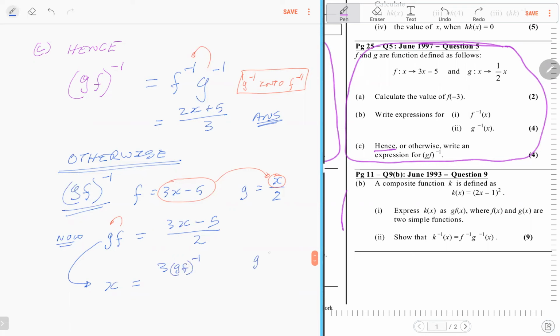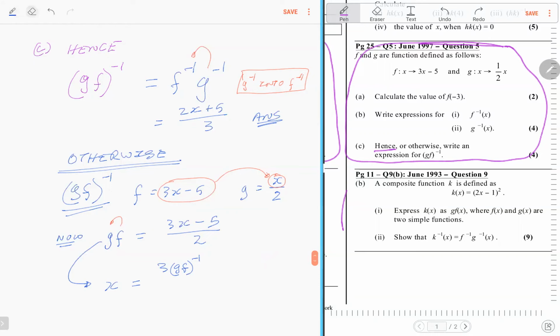You can't write this one the same as the other, they are different. This one means g of f to the minus 1, a different thing. This means the inverse of the composite function gf, which is different. So you have to bracket it, guys, and write it the correct way.